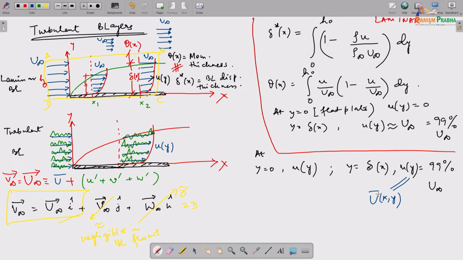So, how do my equations change? Let me write that down.